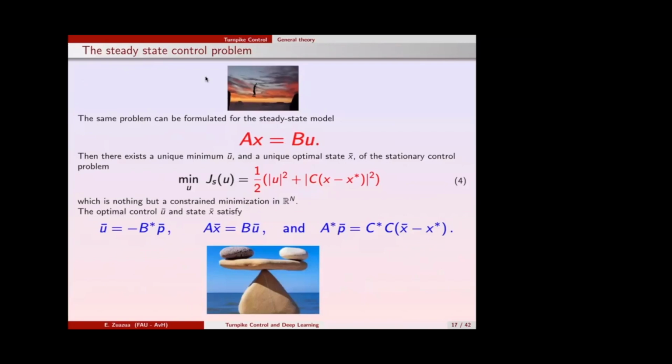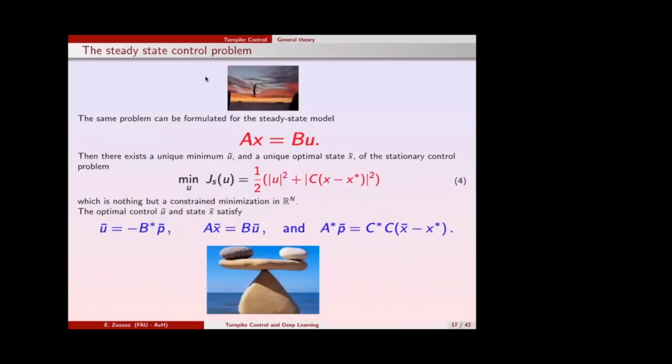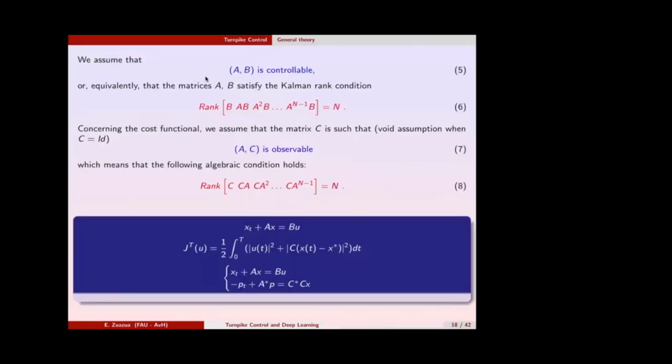There will also be a minimizer, and when I look at the characterization of the minimizer through the optimality system, what I see down here is that this is the same optimality system as for the evolution problem, but in which I chop off the time derivative, right? So you say, well, this looks nice, because the optimality system for the evolution problem and the optimality system for the steady state problem look the same.